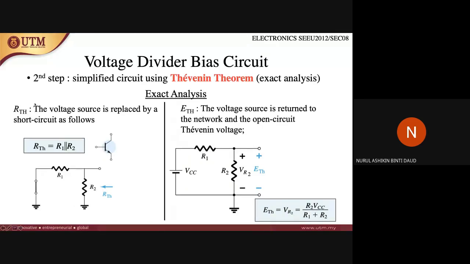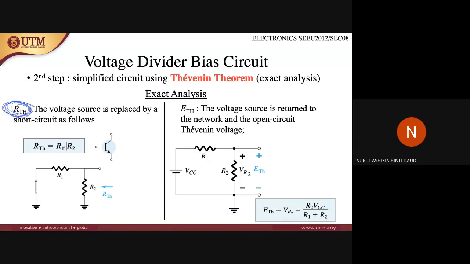Next, from there we can define RTH, the Thevenin resistance, which is the total resistance for R1 and R2. First, you need to define the value of the total resistor here, so make a short circuit here.